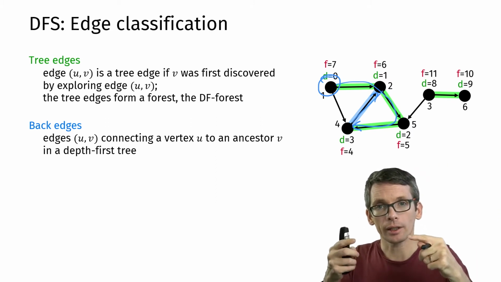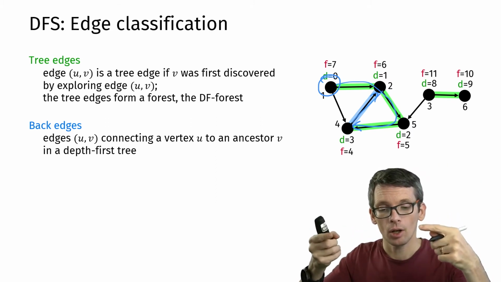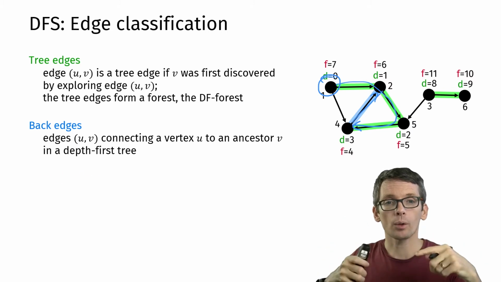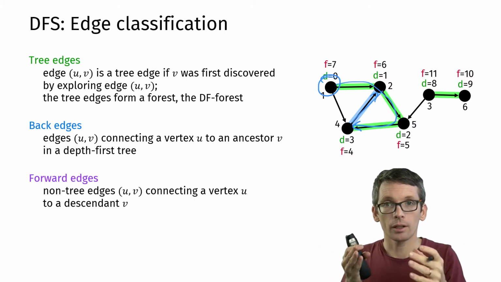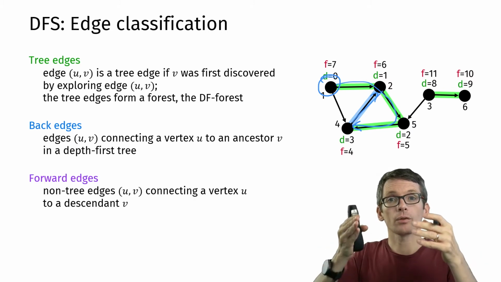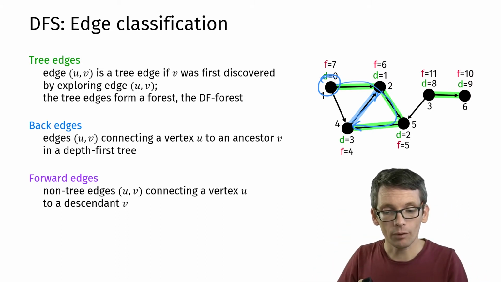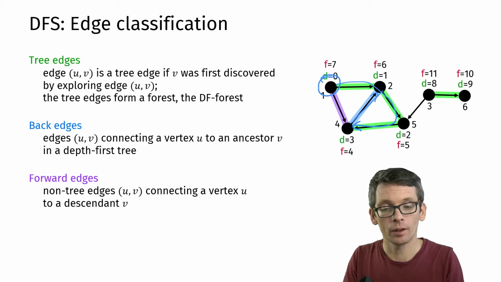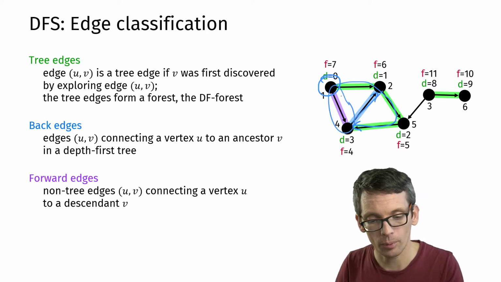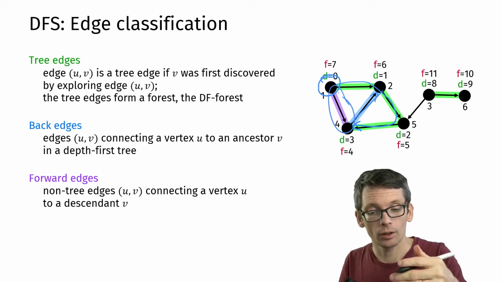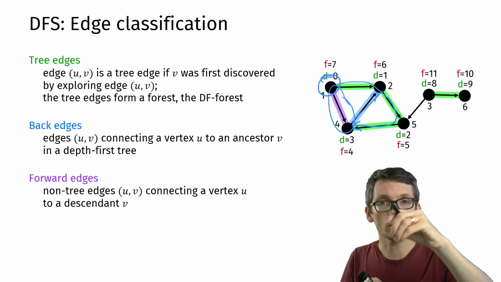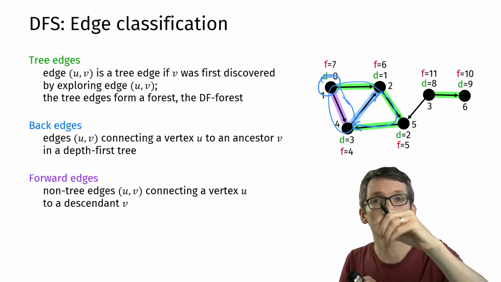And just as we have back edges, we also have forward edges. A forward edge is a non-tree edge which goes from an ancestor to a descendant. So for instance, the purple edge here is not a tree edge. It goes from the 1 to the 4, so from an ancestor to a descendant.